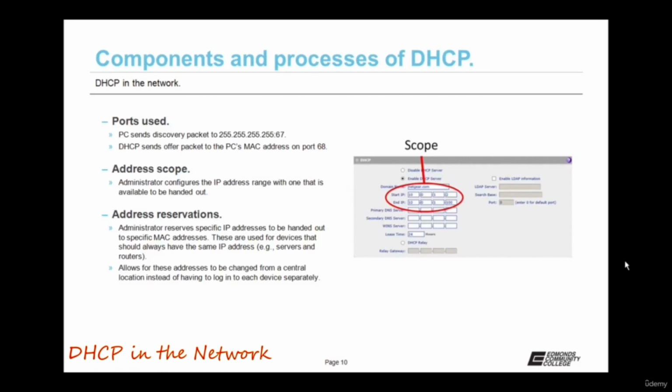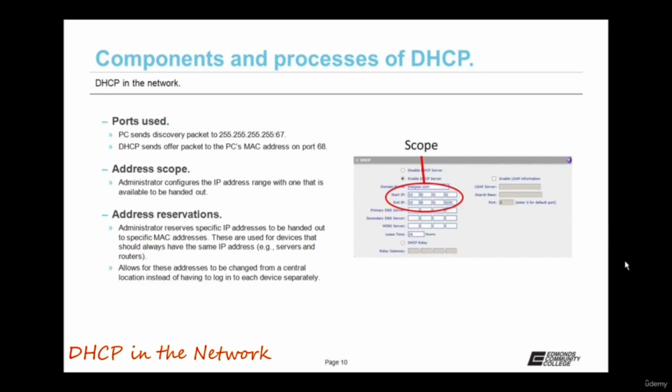Now, these are administrator configured reserved IP addresses. The administrator reserves specific IP addresses to be handed out to specific MAC addresses. Now, these are used for devices that should always have the same IP address, as in servers and routers.